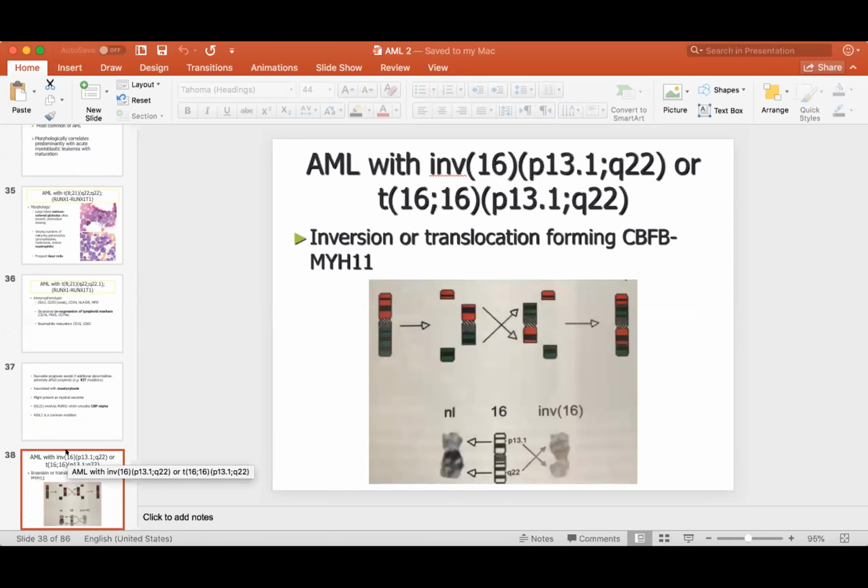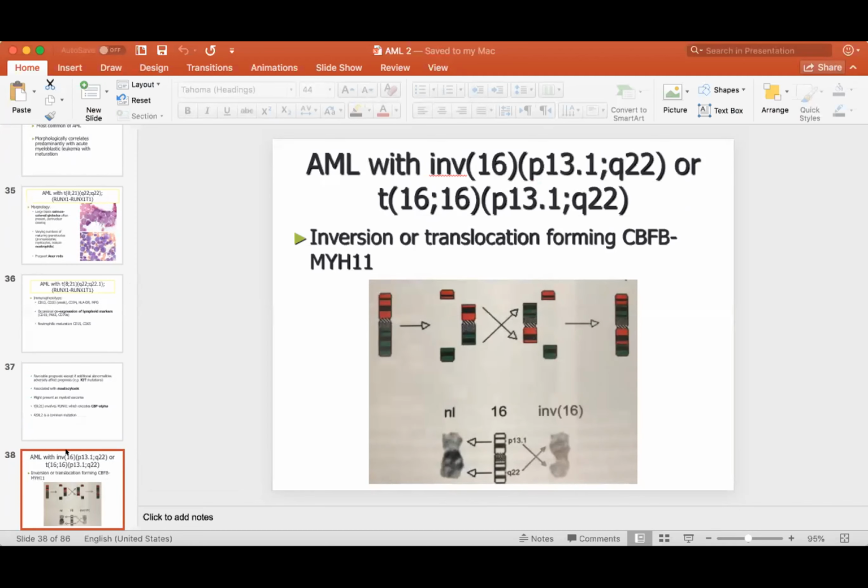The second type of acute myeloid leukemia, still in the category of acute myeloid leukemia with recurrent genetic abnormalities, is AML with inversion 16 or translocation 16;16. This is another type of acute myeloid leukemia where you don't need 20% blasts to call it leukemia. If you have less than 20% blasts, you can still call it leukemia if it has this translocation.